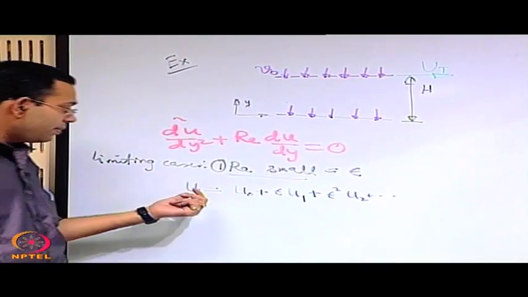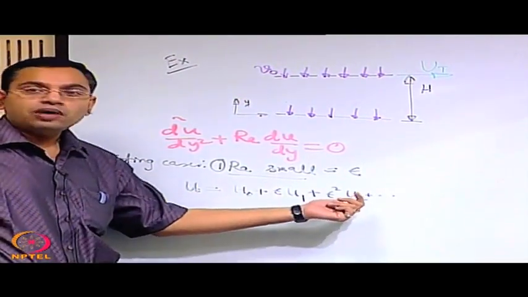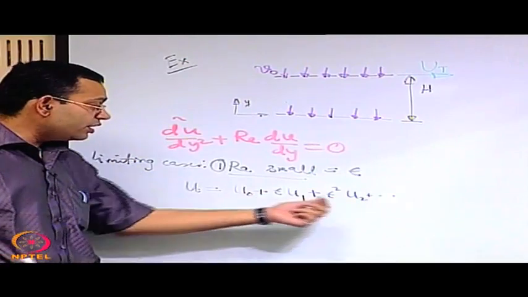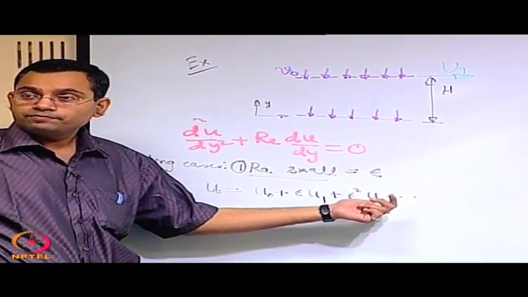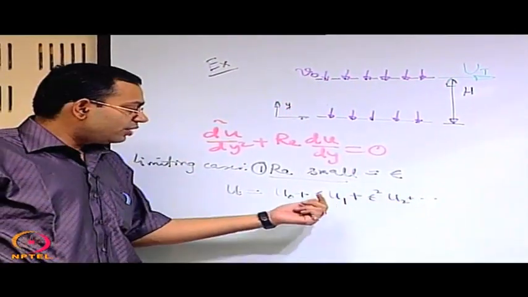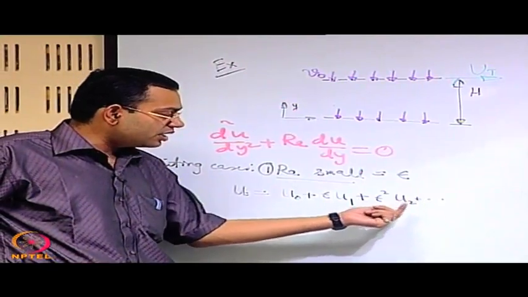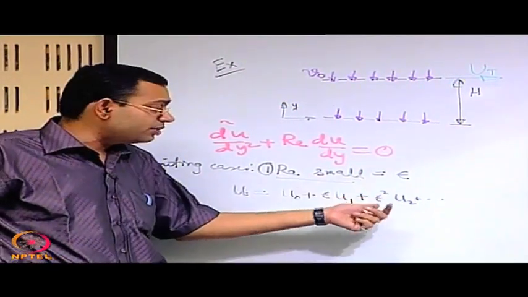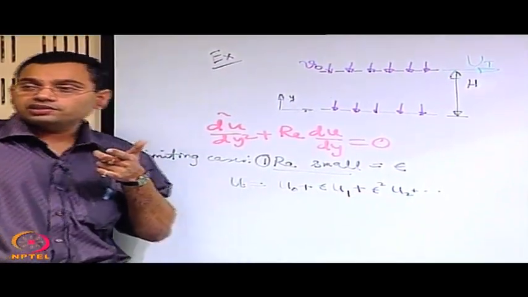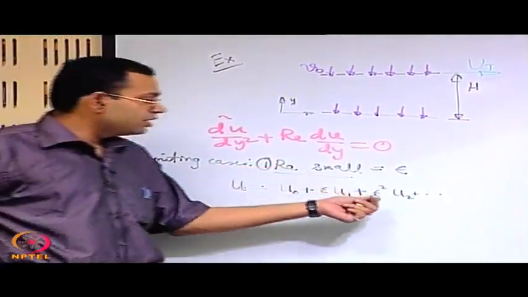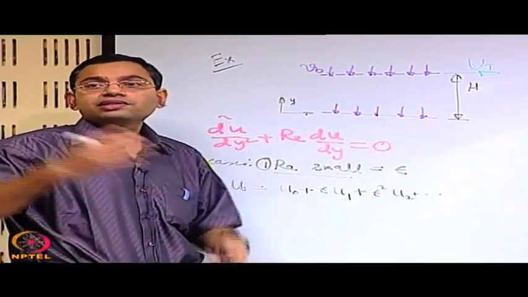So you are expanding u in the form of a series in powers of epsilon, where u0, u1, u2 are not constants, these are functions of y. Okay. So term by term, higher and higher order terms may be less and less important because epsilon is small. So it is as good as a power series expansion in terms of a small number. This is known as a perturbation expansion.